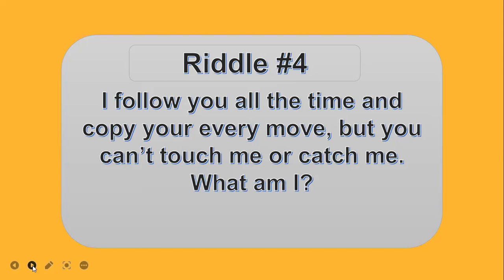Because our own shadow will copy all the shape of our body, and we can't touch our shadow or another person's shadow. Yes. Okay. Very good.